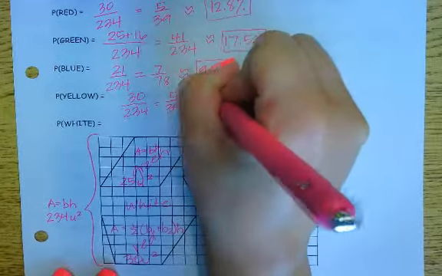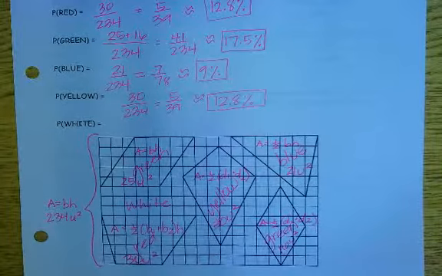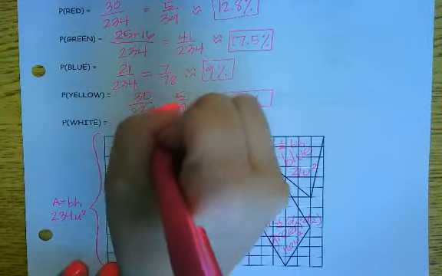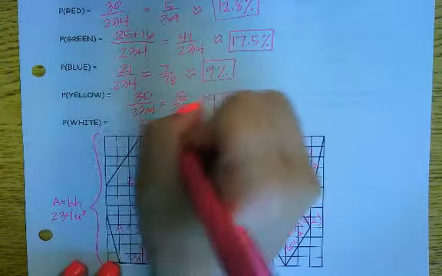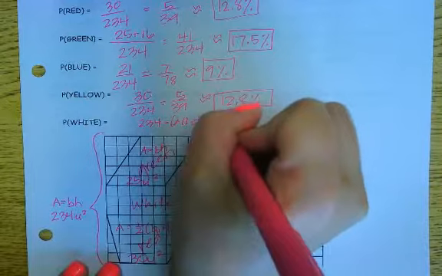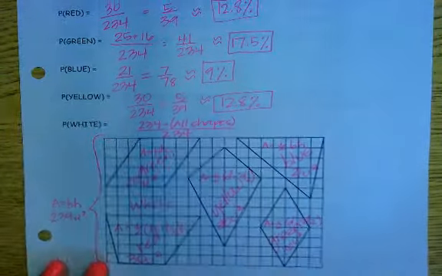Okay, how do you figure out the leftover white space? 234 minus all these shapes over what? 234. Very good. So what's the sum of all the shapes?